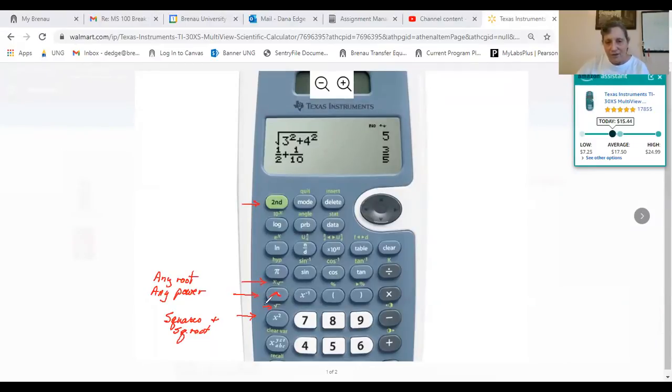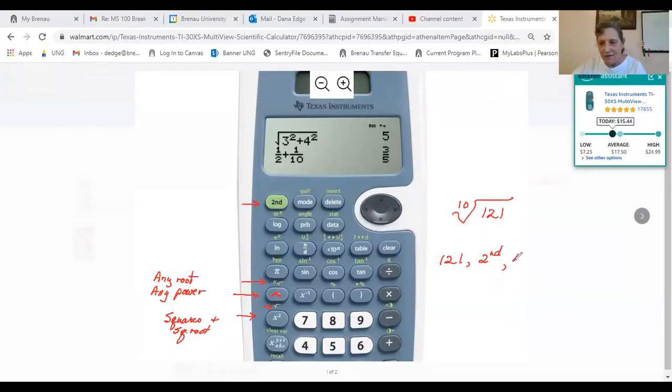So on this function, if you want to take the 10th root of something, say you want to do the 10th root of, I don't know, 121, you type in the 121. To get this key, you would hit second, and unlike a shift key, you don't need to hold it down.